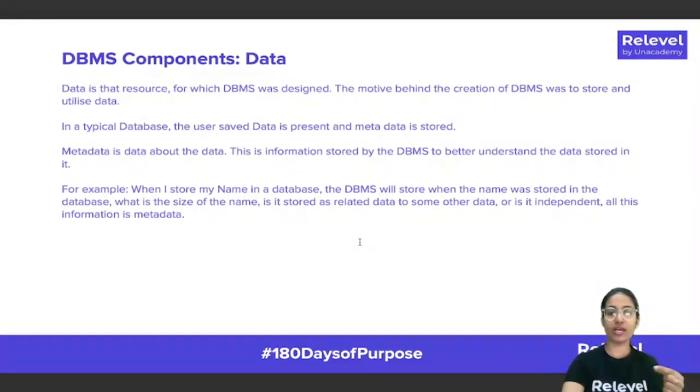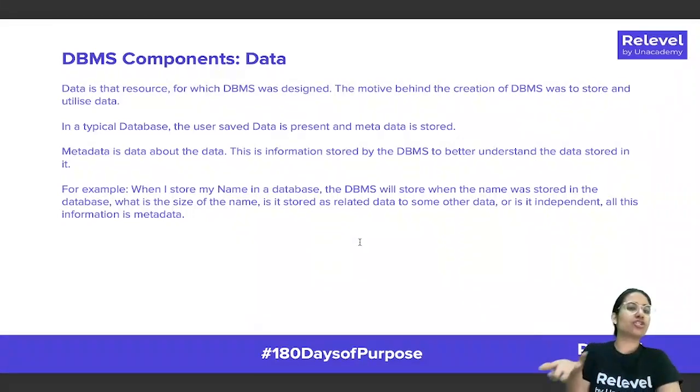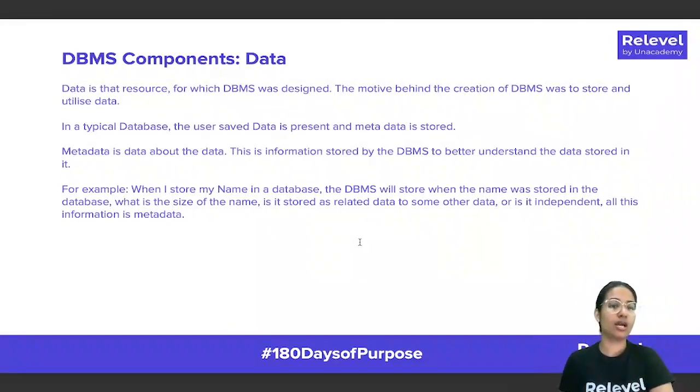This is information that is stored by the database management system to better understand the data stored in it. So if I'm storing a students table, that's just a table, just some information. But if I also store the metadata saying that this data is about the information of students for, let's say, class 6, now your system understands the data a little bit better because it has some context about what information is in it.